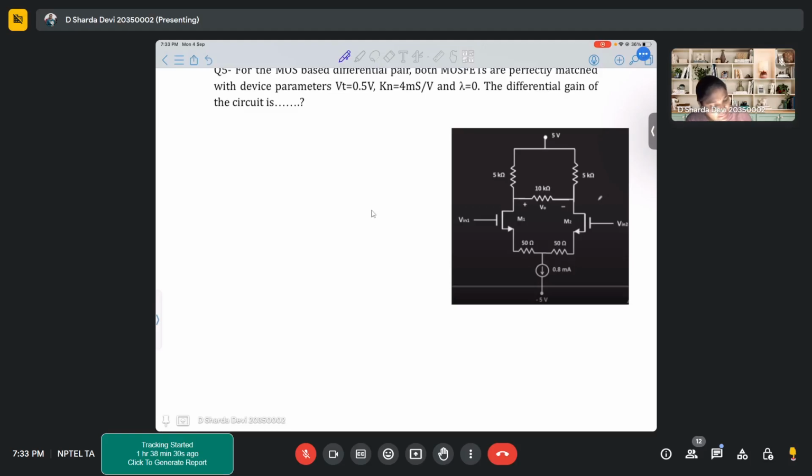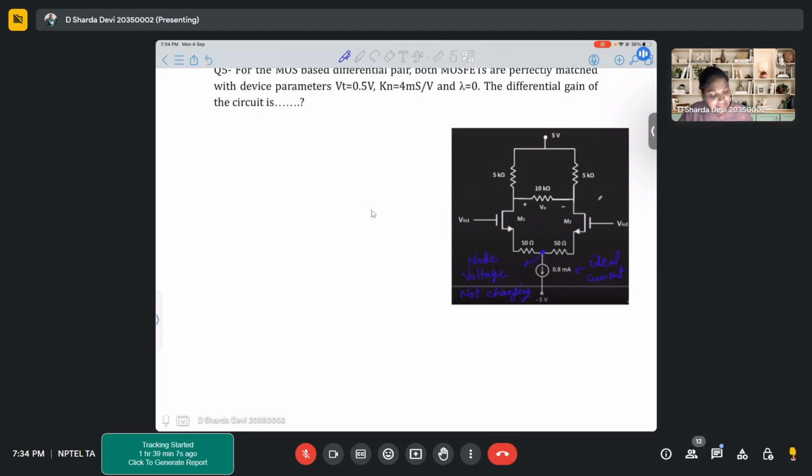Now, looking at this source, we consider it as an ideal current source. When we say that the current source is ideal, that means this node voltage is not changing. Please keep these things in mind because they are very important: what nodes I am talking about, and what the features of each node are, because it helps you while solving the circuit.